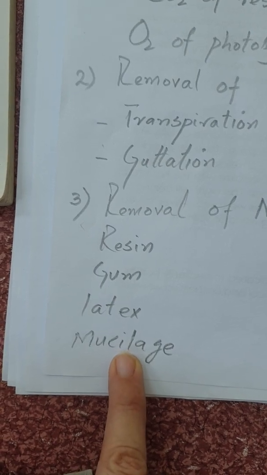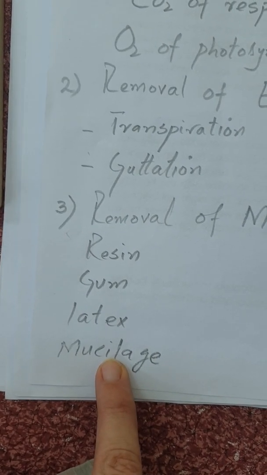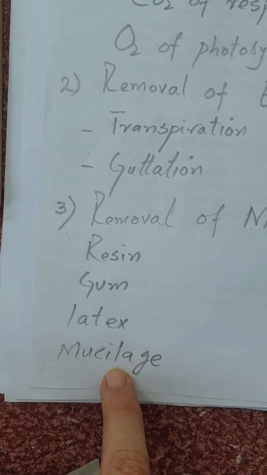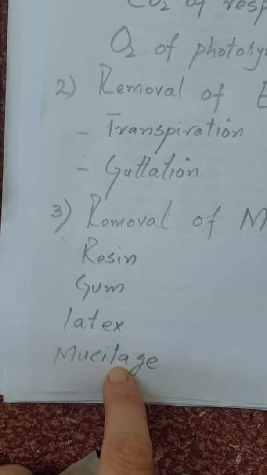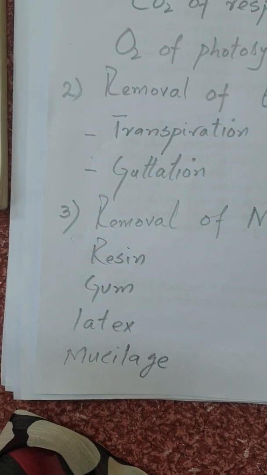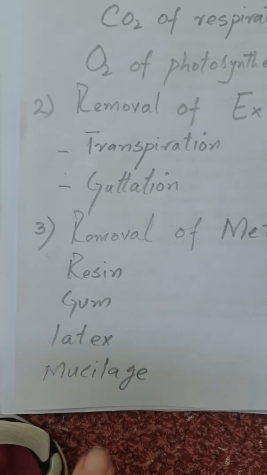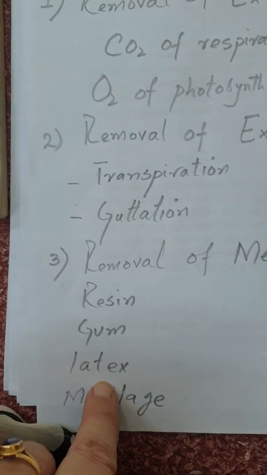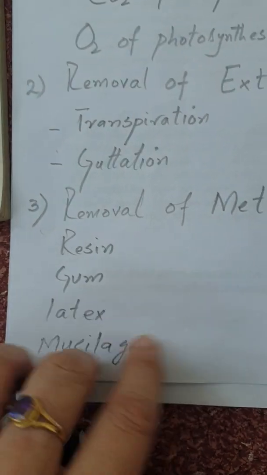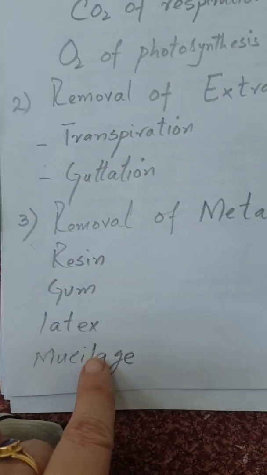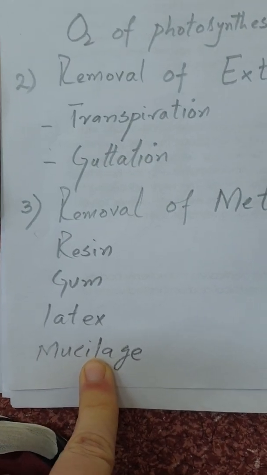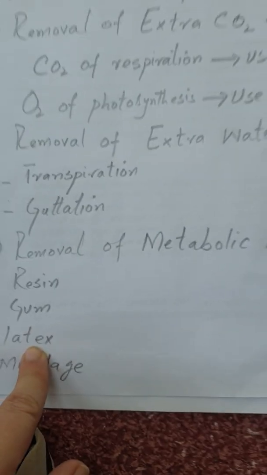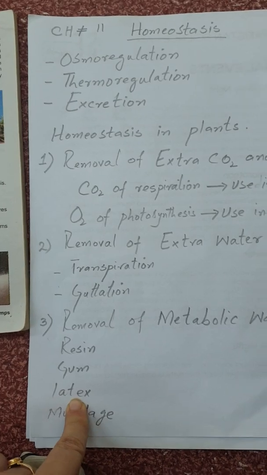Mucilage, found especially in ladyfinger and many other vegetables, acts as a metabolic waste for those plants, and we take different benefits from all these materials. So plants get rid of all these materials from their body, and that is a special mechanism of homeostasis.